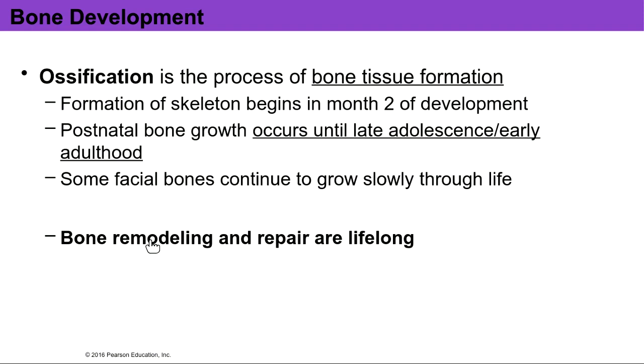And that's going to be based on activity of osteoblasts and osteoclasts and how they complement each other or how they outpace each other. Okay, so bone remodeling is representing how bone tissue responds to your lifestyle, basically. Okay. And then repair, of course, bone repair. Bone is very good at repairing and healing, and this can happen throughout life.